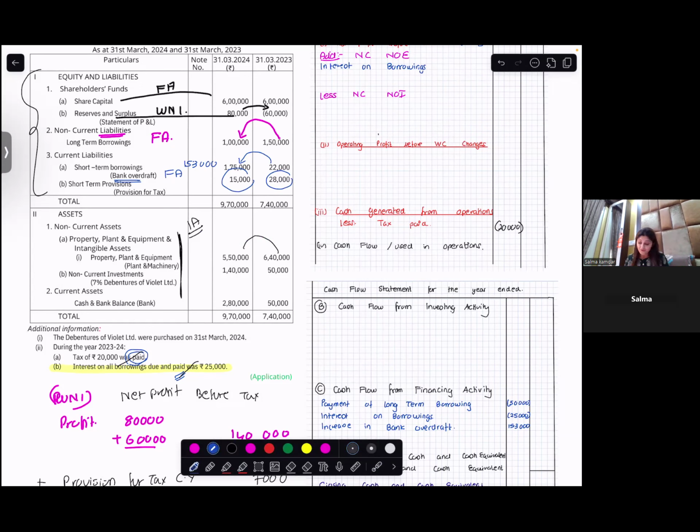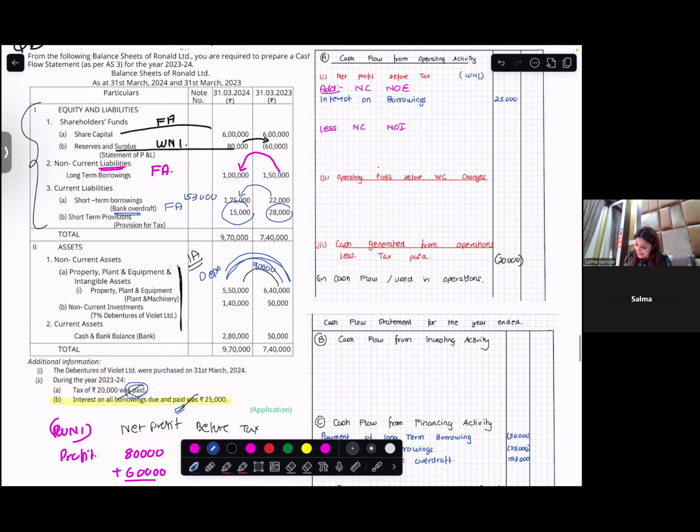I see there is no information given about purchase or sales. So this decrease in the value of your asset is your depreciation of the asset, which is 90,000 decrease, and depreciation of the asset is non-cash expenditure, so it is added. So depreciation on your property, plant and equipment is 90,000.